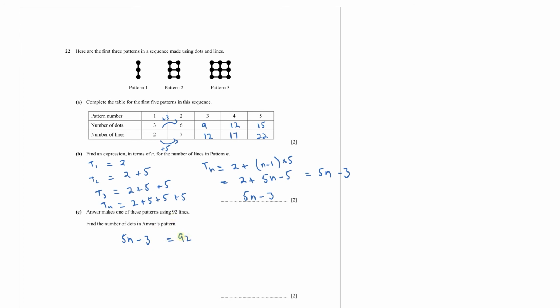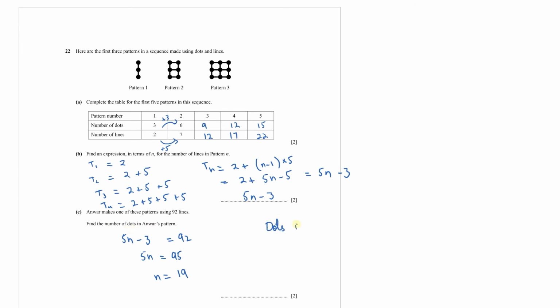So now if I find n, I can get the pattern number that Anwar is making here. So this is 5n equals 95, and n equals 19. So n is 19, right? So this is the 19th pattern. Now you have to find the number of dots in the 19th pattern.